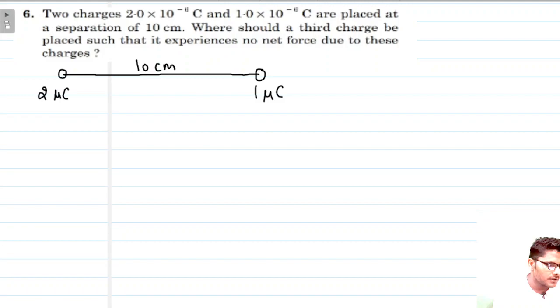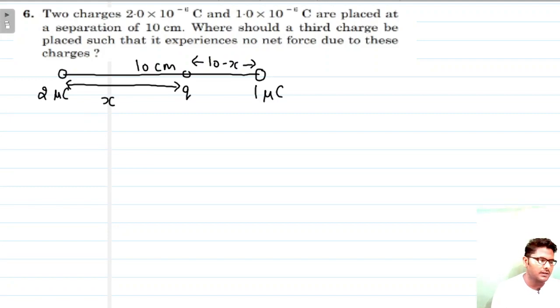So the question is asking where should we place a third charge so that it does not experience any force. Suppose we take a charge Q which is positive in nature or maybe negative, doesn't matter. So let us suppose we are placing this charge at a distance x from the larger charge and the remaining distance will be 10 minus x centimeter, or you may say 0.1 meter minus x.